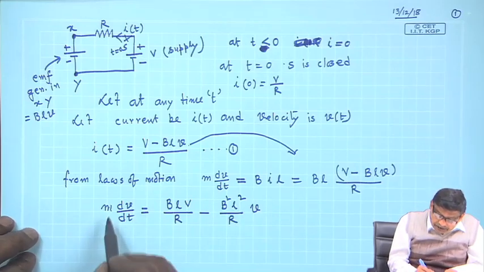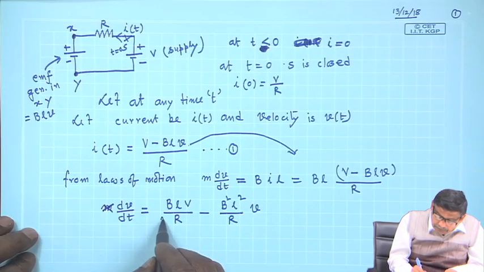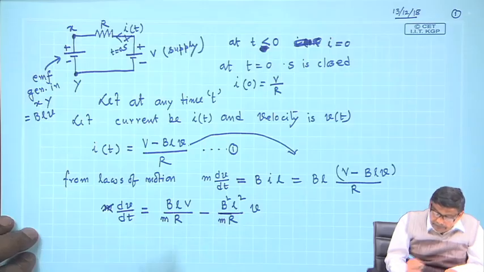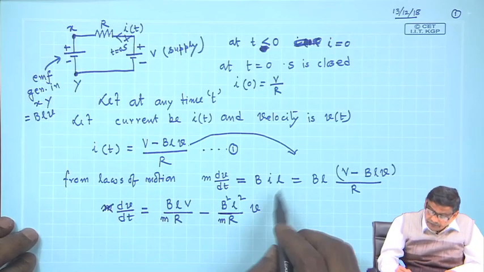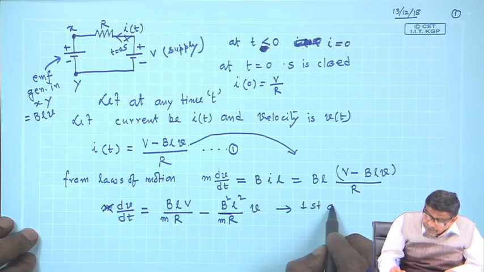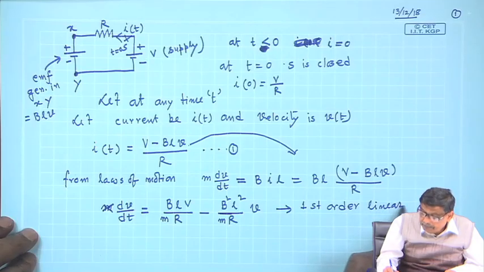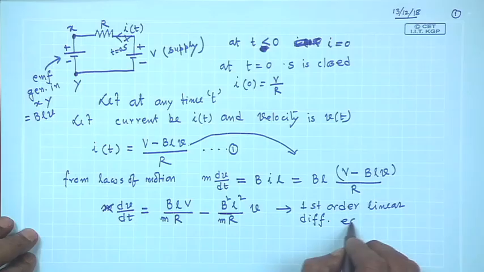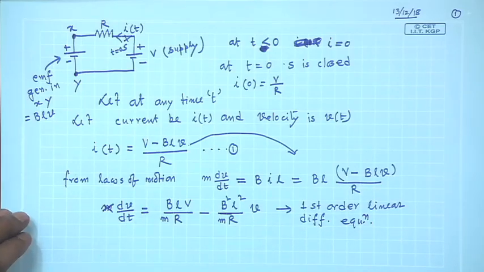Now, if you divide both sides by m, then this becomes m R. This is a first order linear differential equation, and if you solve it, you will get the expression of velocity.